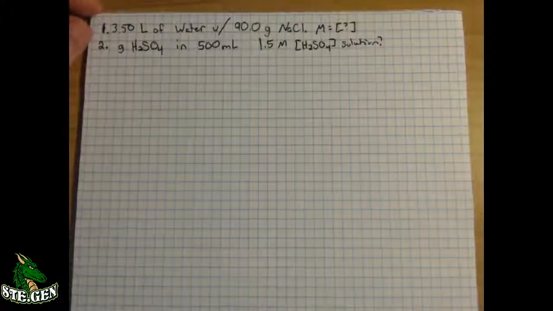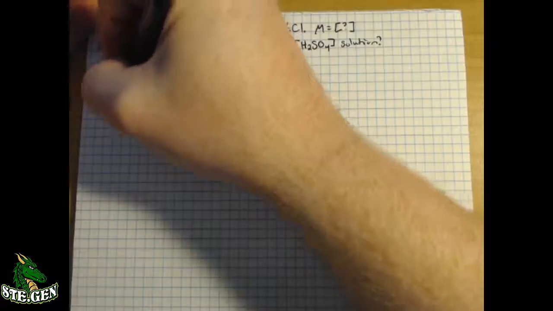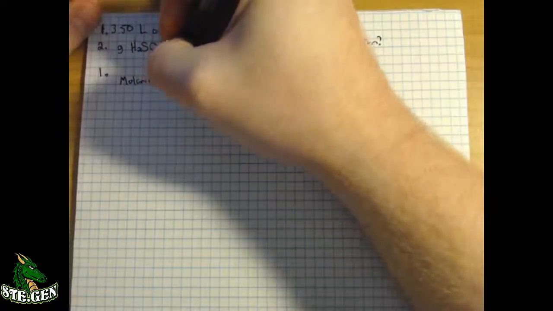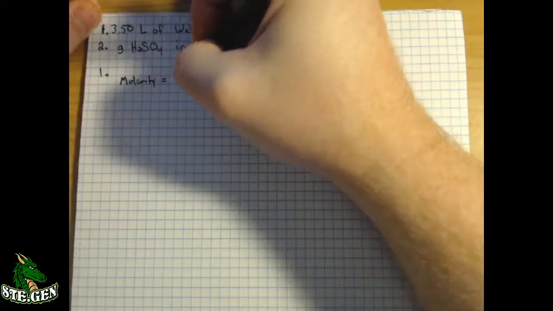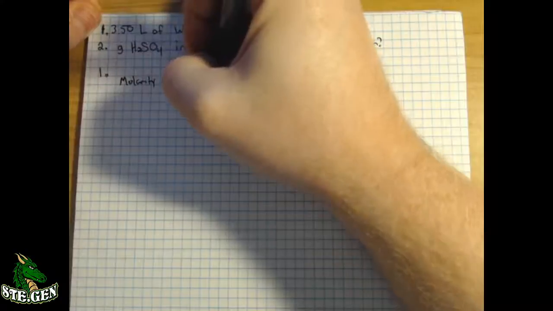Okay, now I can prevent myself from having to click back and forth. So for question number 1, molarity, as we saw in that equation earlier, is moles of solute over liters of solution.